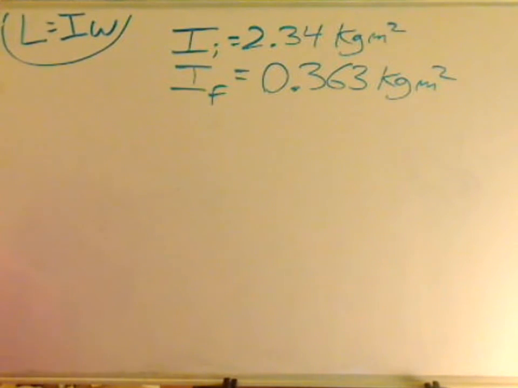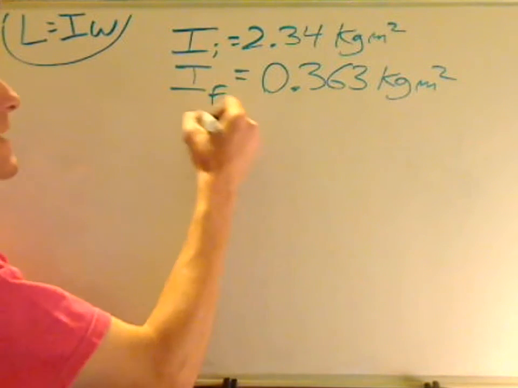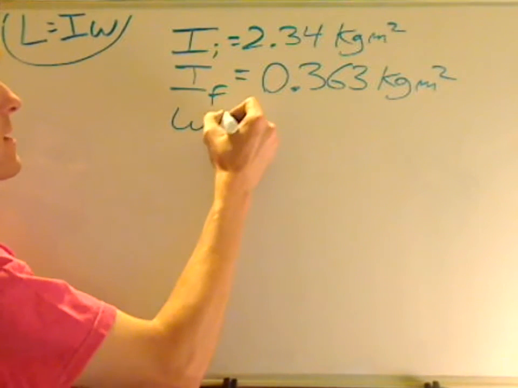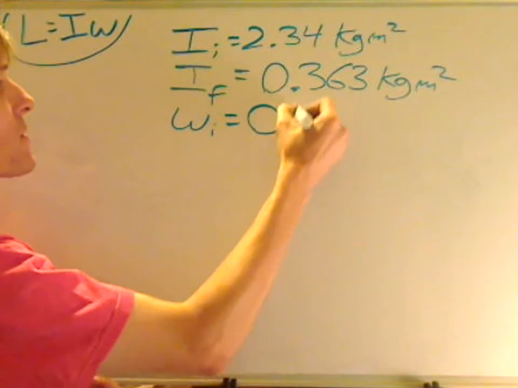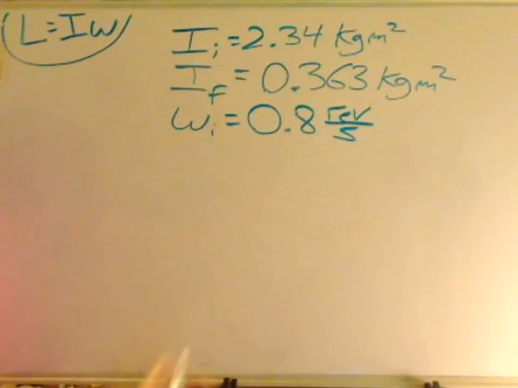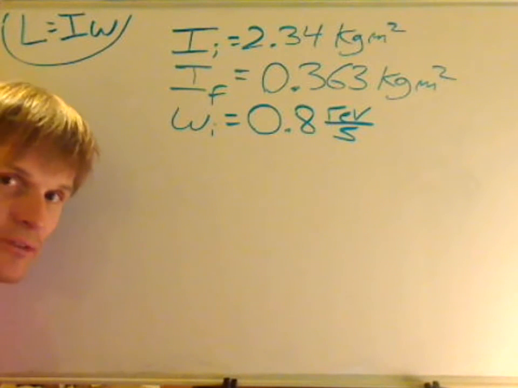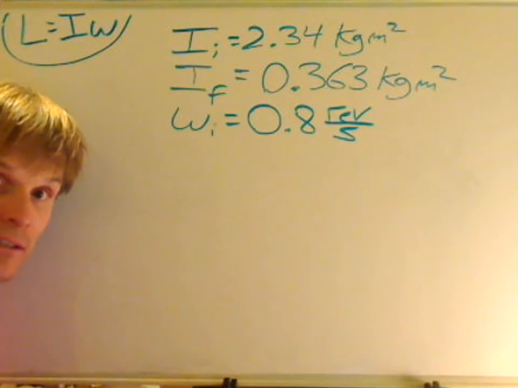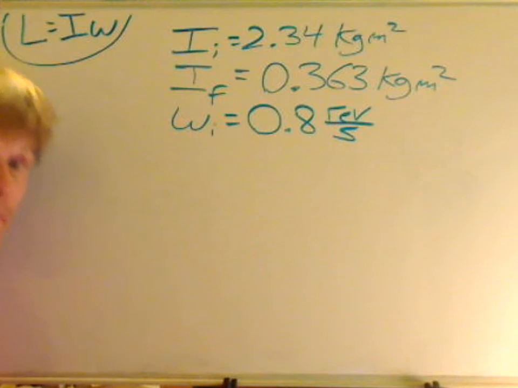Okay? And her initial angular velocity is 0.8 revolutions per second. And we'll keep it in revolutions per second for this problem. It just means that our final answer is going to be in revolutions per second.